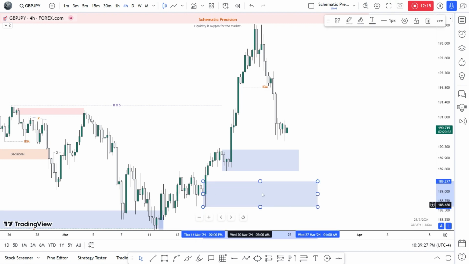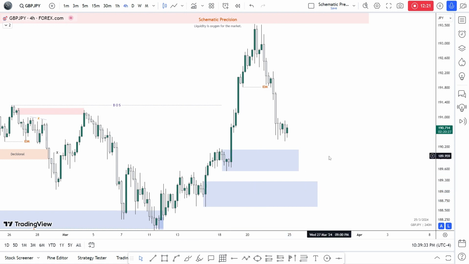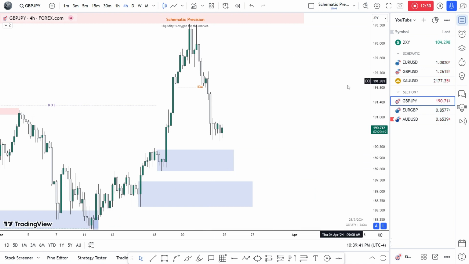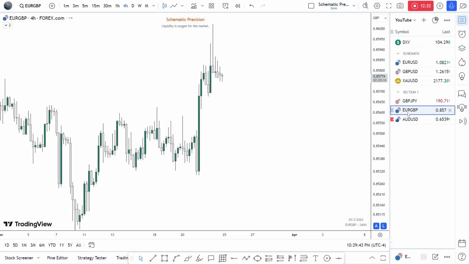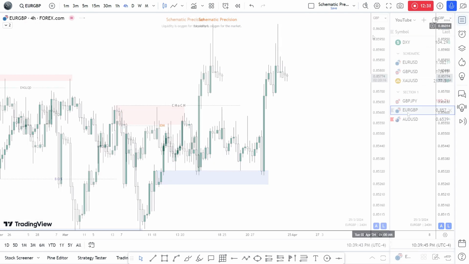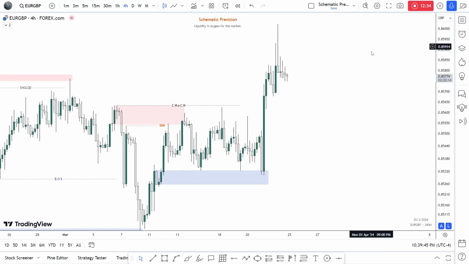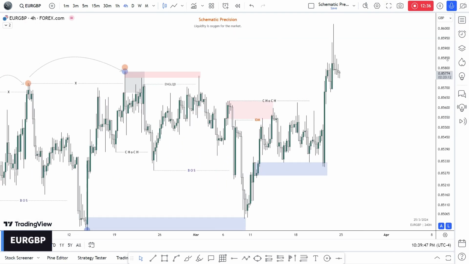We can minimize or refine this POI on lower time frame, of course. So these are the two POIs for buying opportunity. I'm not yet looking for any sells on GJ. So I'm expecting a down move, then any bullish move.